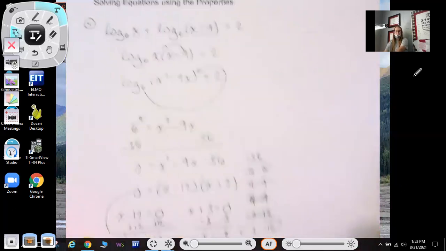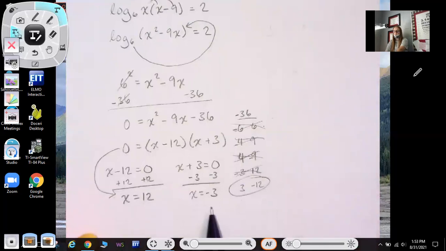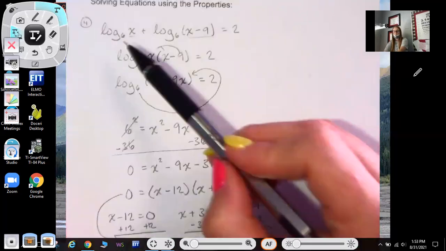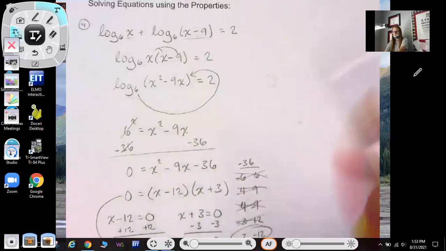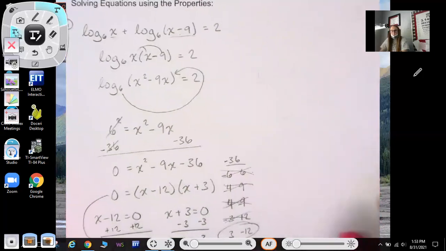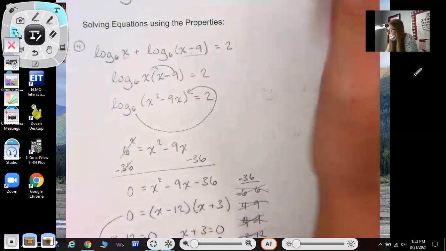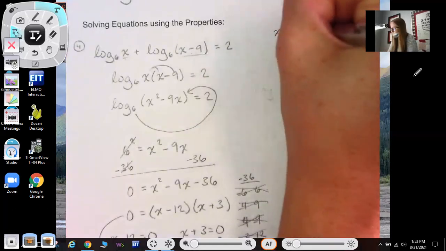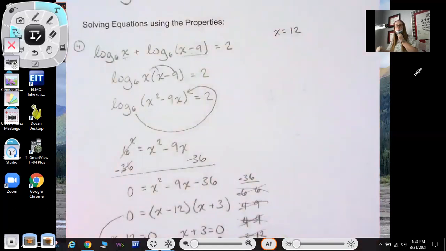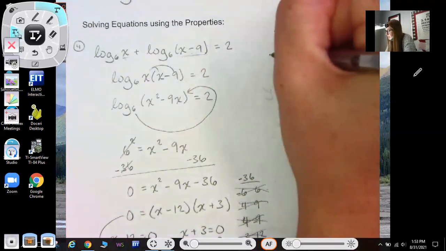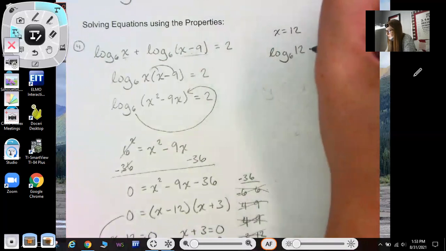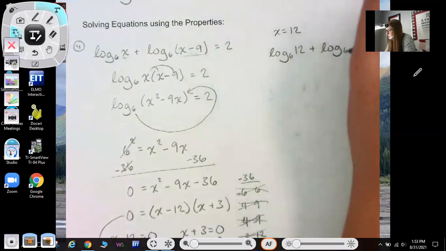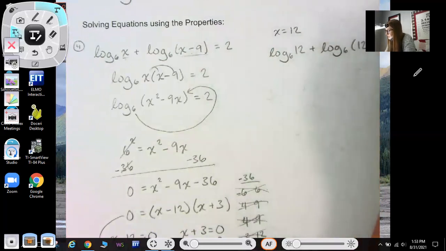So because we're working with logarithms, we have to go back and check to see if these numbers create a problem for us. So let's first check x equals 12. So plug 12 in for x in our original problem. Log base 6 of 12 plus log base 6 of 12 minus 9 equals 2.